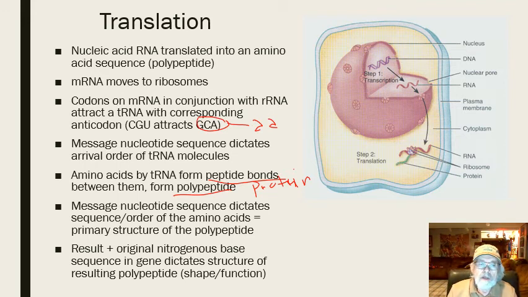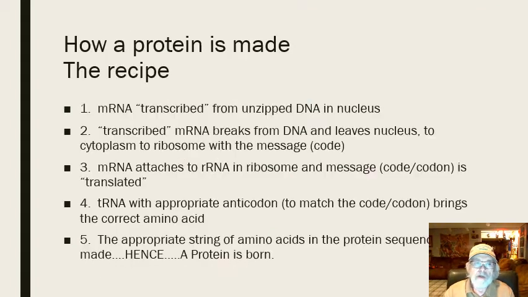The protein is made from reading the individual codons off the messenger RNA by translating them, bringing the appropriate anticodon from the transfer RNA, which is attached to an amino acid at the opposite end. And those amino acids are linked to create a protein. So that is how protein is made, the recipe.